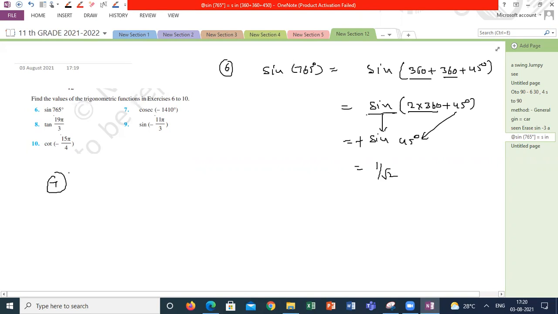If it is a negative angle, what is the meaning of a negative angle, guys? The angle is measured clockwise. If it is clockwise, how to deal with this? Same way. Every minus 360 degrees you are going to complete one rotation.